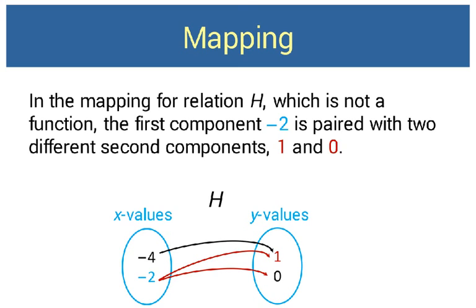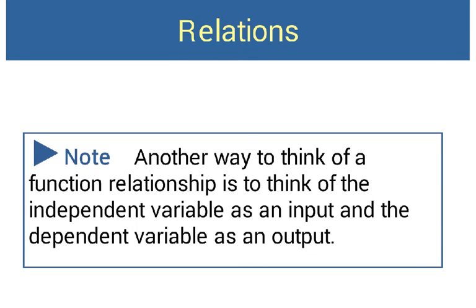It's a relation though. Okay. Note, another way to think of a function relationship is to think of the independent variable as the input and the dependent variable as the output. That's how I often think of it anyway. Kind of like a processing computer program or calculator or something like that.